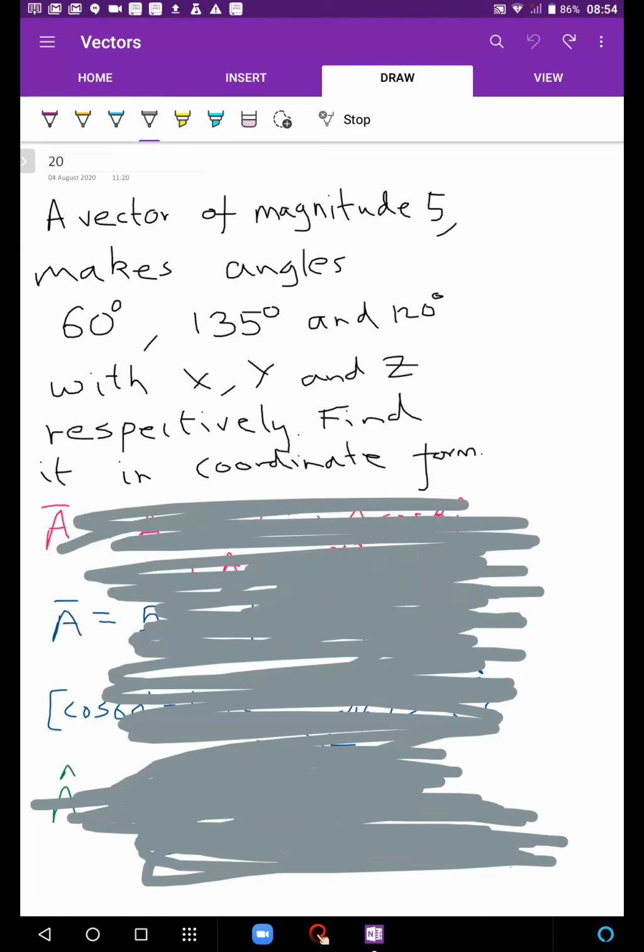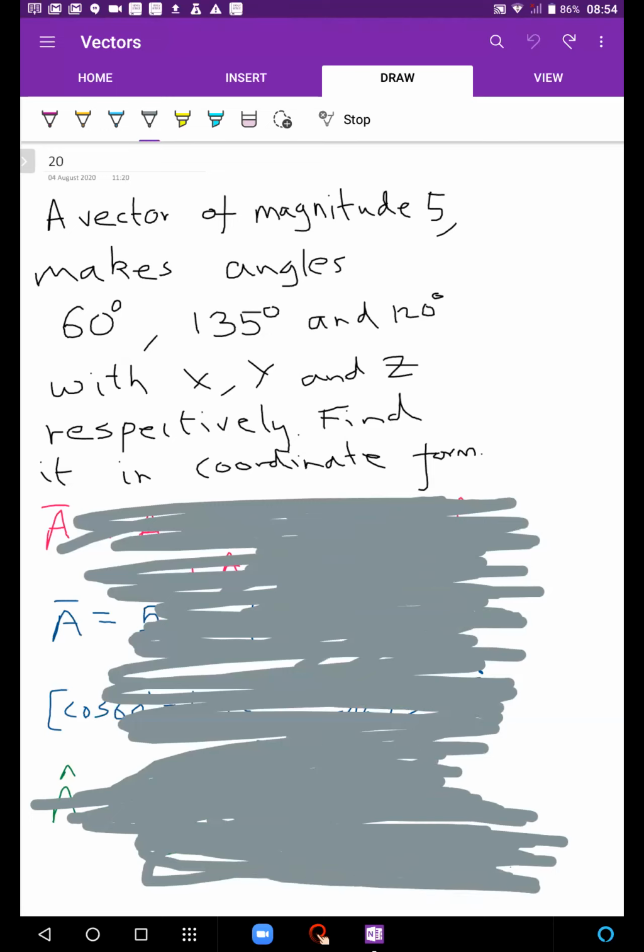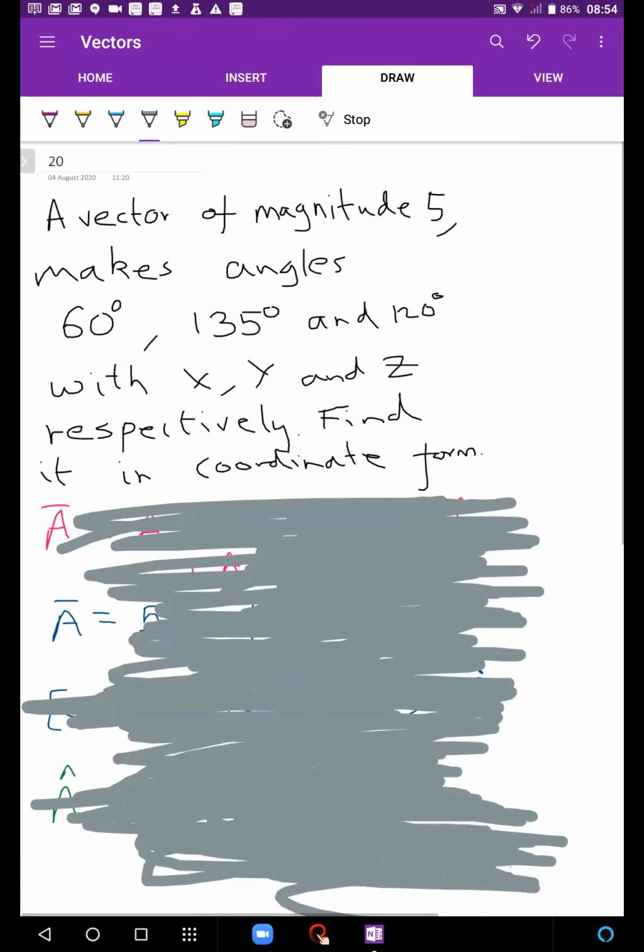Okay, I want you to find that vector in coordinate form, and I also want you to find the corresponding unit vector. Magnitude 5, angles with x, y and z are 60, 135, 120. Find the vector in coordinate form, that is in I cap, j cap, k cap. Find the corresponding unit vector as well.